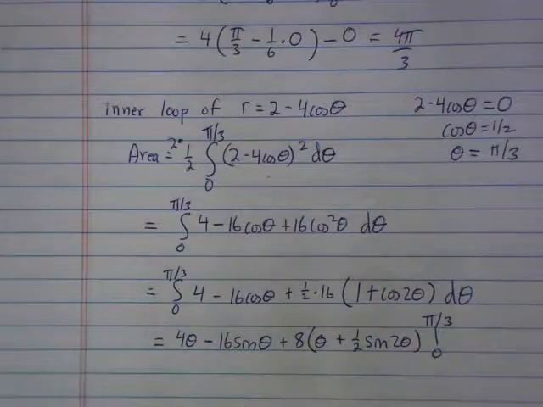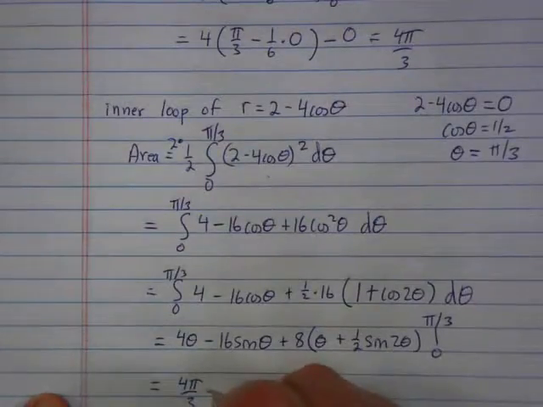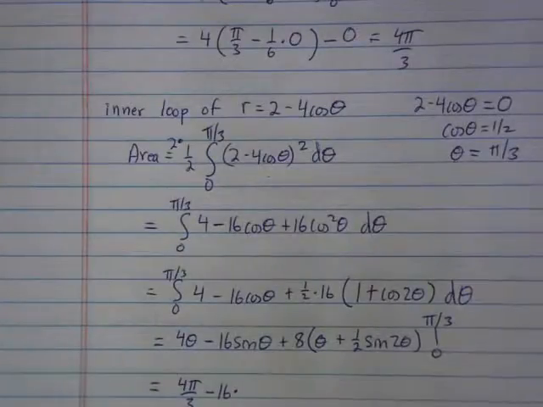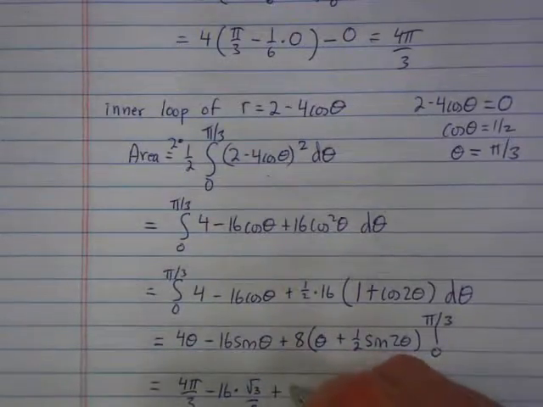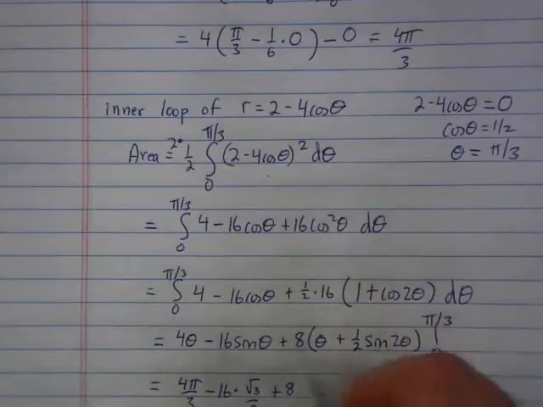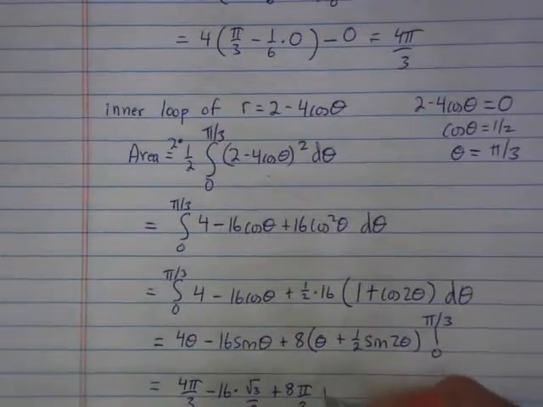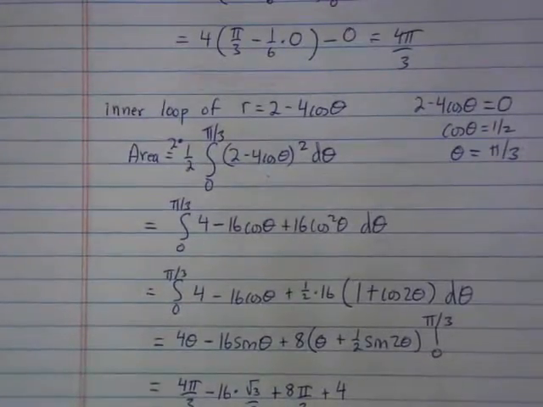I plug in pi over 3, I get 4 pi over 3, minus 16 times, what's the sine of pi over 3? Square root of 3 over 2? Plus 8 pi over 3, plus 8 times a half is 4.